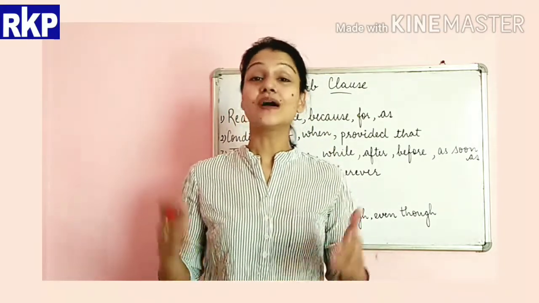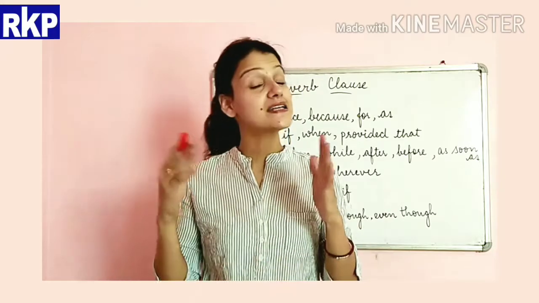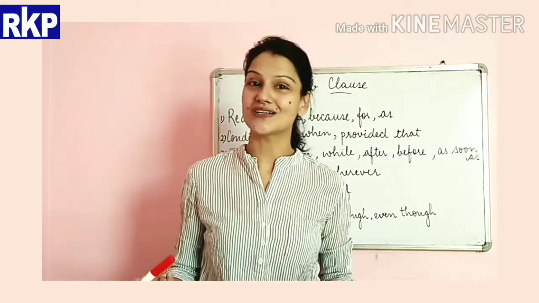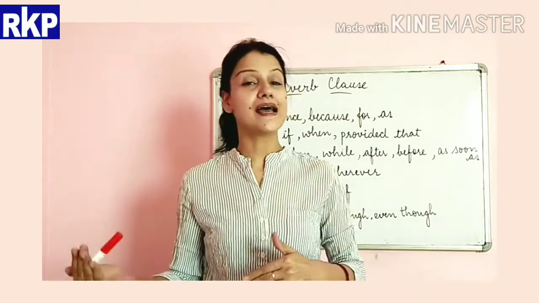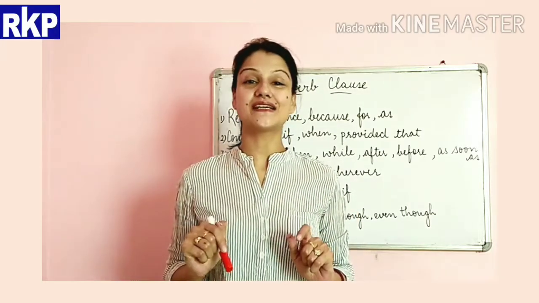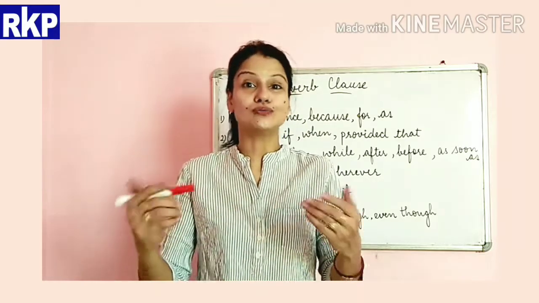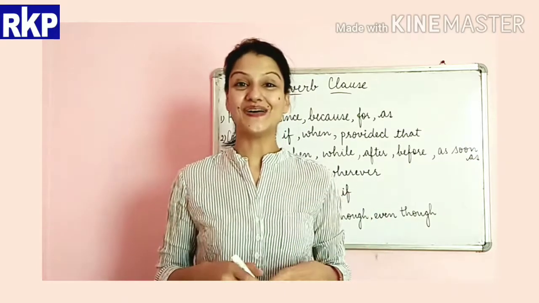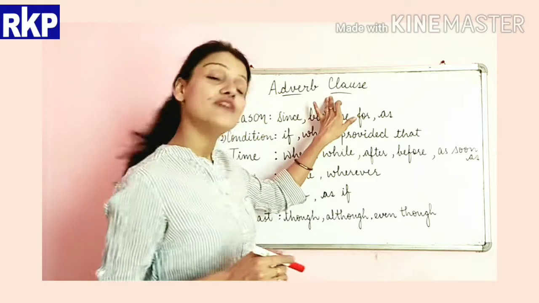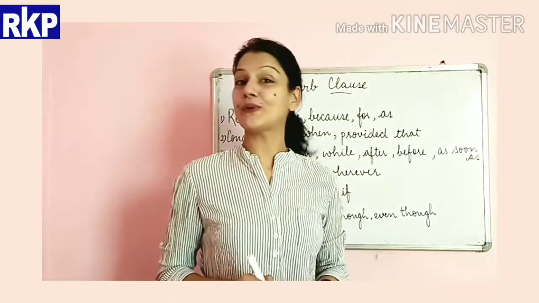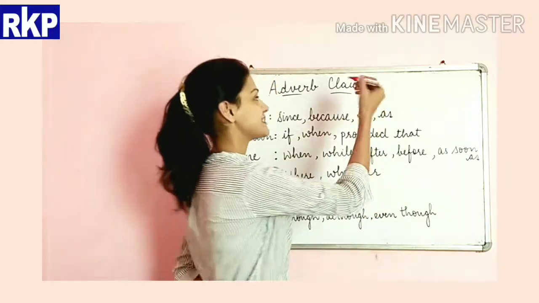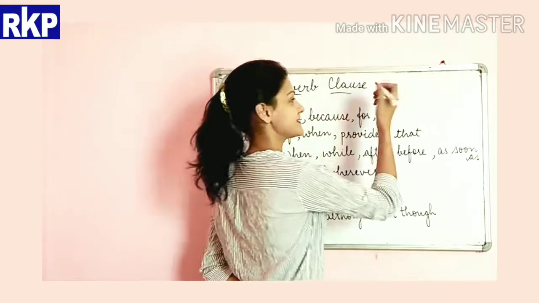Like I told you, noun clause gives us the answer of what, and on the other hand, adjective clause gives us the answer of who or which. Now adverb clause gives us answers of four questions. Let's see what those four questions are.